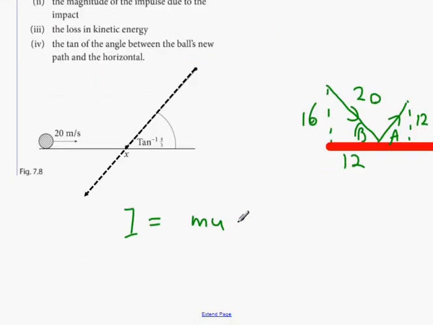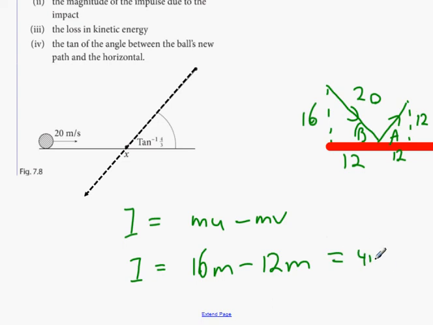Okay, so that's alright. So mv minus mu, so it's going to be I equals 16m minus 12m. Do you notice we're only taking in the j component there? The up and down component. So the answer will be 4 times whatever your mass is.